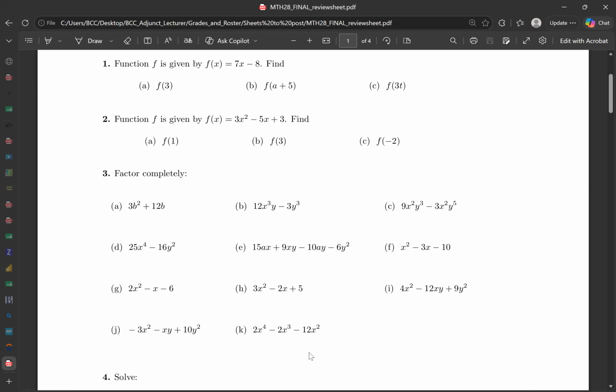I would do the inside first: simplify the inside, then do the square on the outside. And that's all good. Again, he did it not in here.